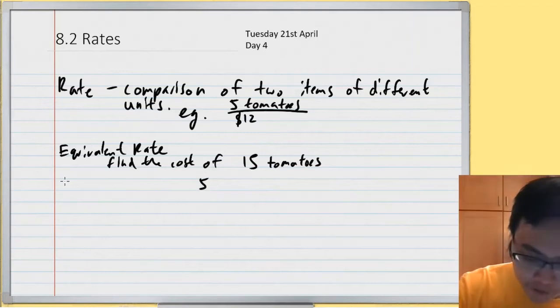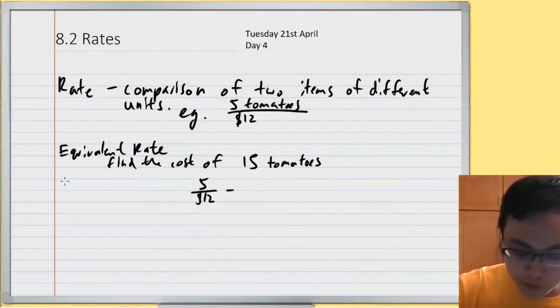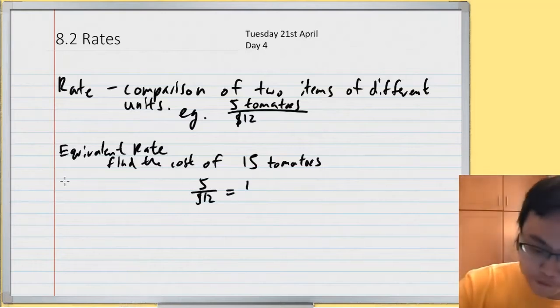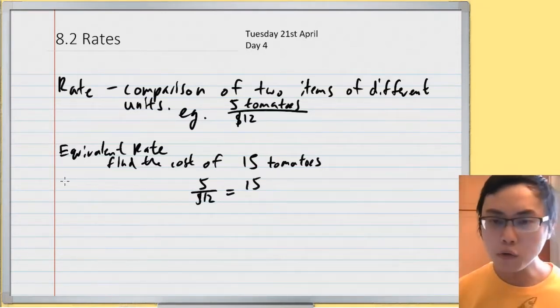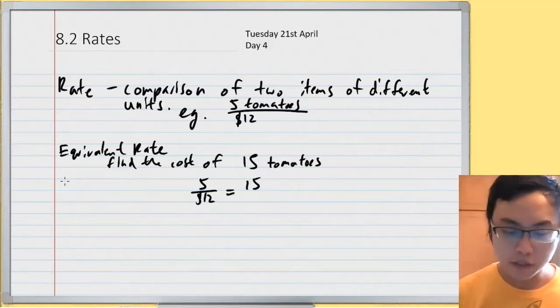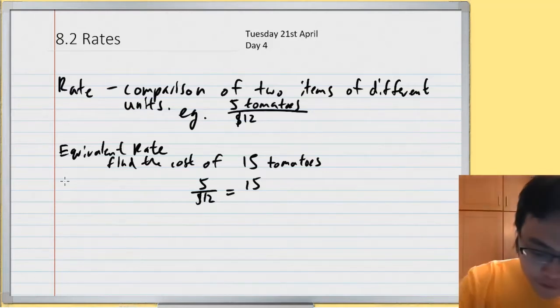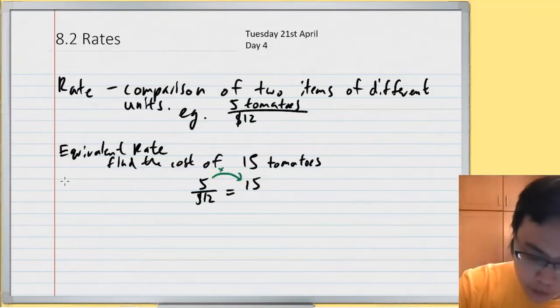From 5 to 15, we multiply by 3 at the top.